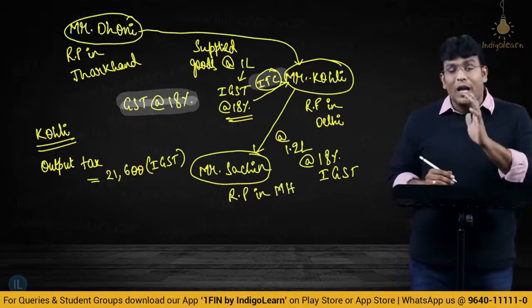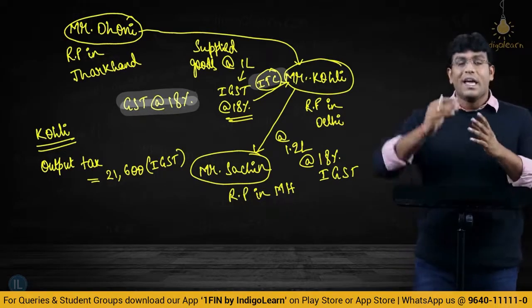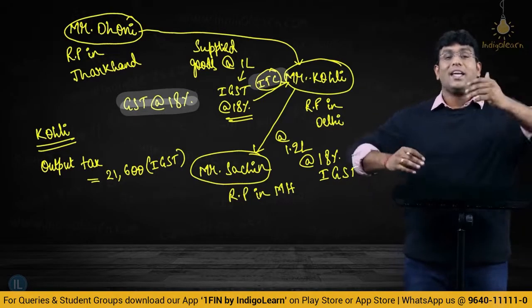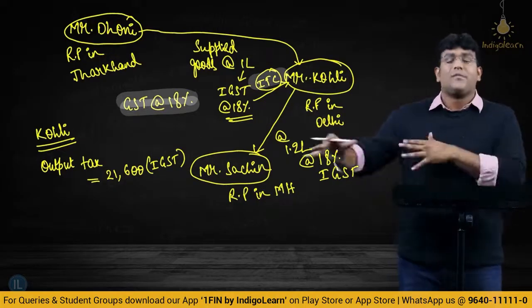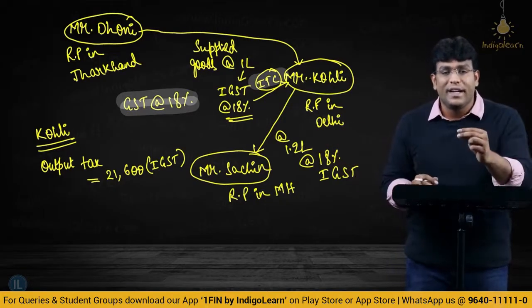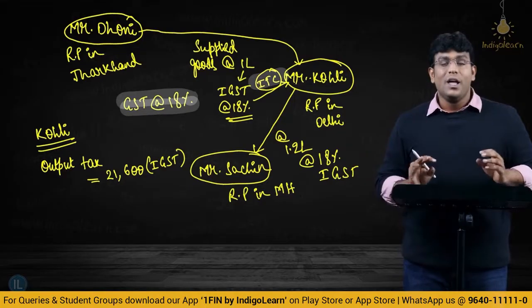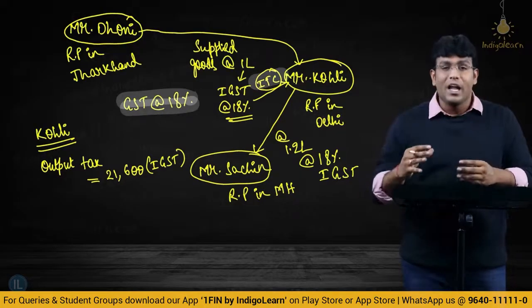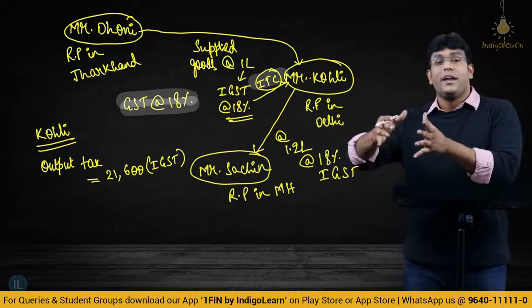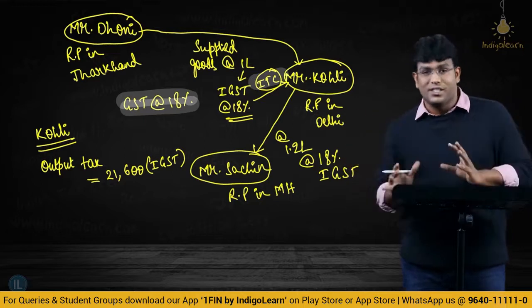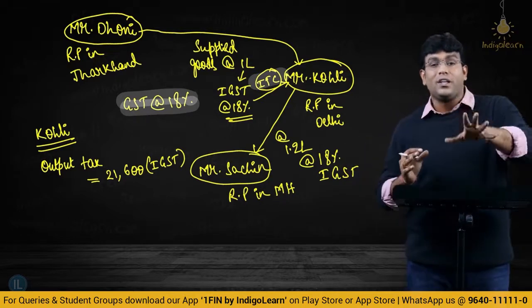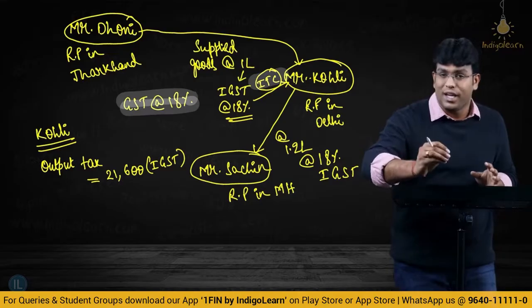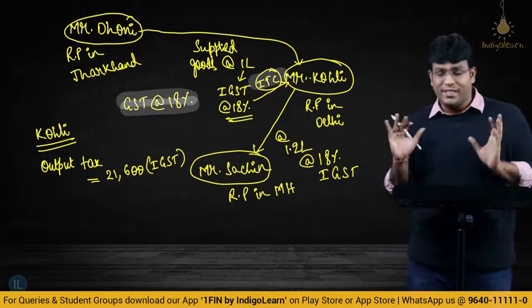And that ITC is IGST. Now tell me, friends, can we take IGST credit and set off with IGST? Definitely, 101% the answer is yes, because IGST can be taken as credit and we can use it for IGST, next for CGST, next for SGST. So can we take credit of IGST and use it for IGST? The answer is definitely yes.